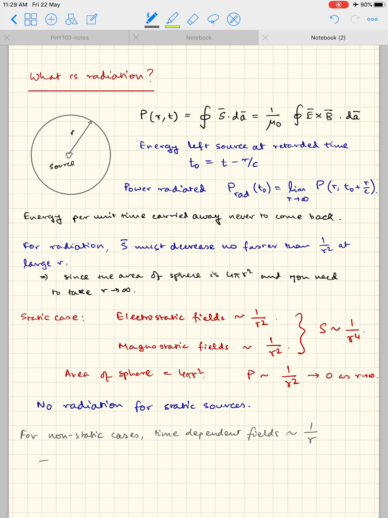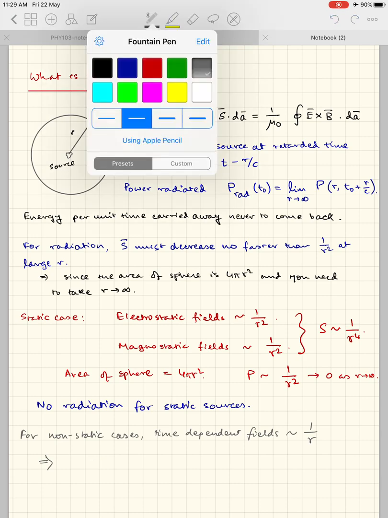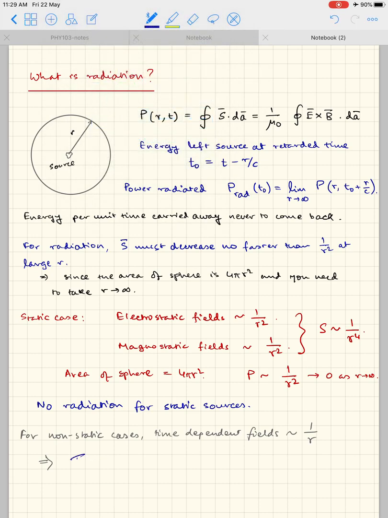So these are terms responsible for radiation. Okay.